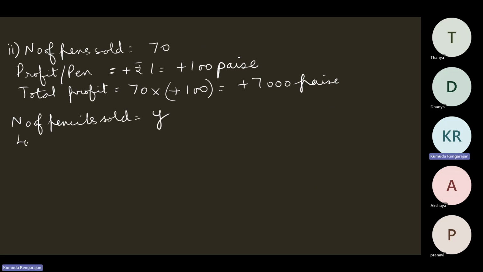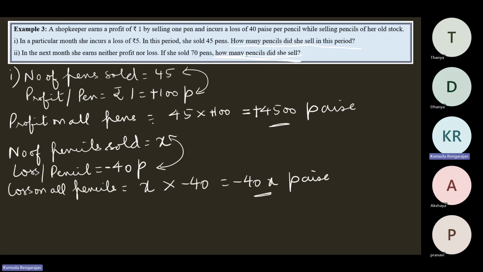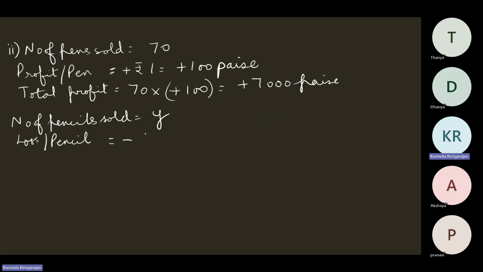What's the loss per pencil? 40 paise. Yeah, loss is negative, so minus 40 paise. So what's the total loss? How will you find the total loss? Minus 40 multiplied by y.